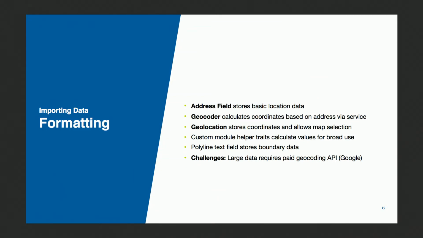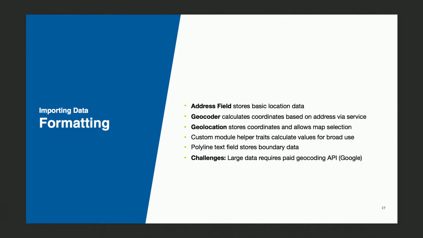But I think it's the next slide where we show when you're adding a node manually in Drupal, there's an interface for both looking up the geocoordinates based on the address or clicking on the map to set the pin manually.